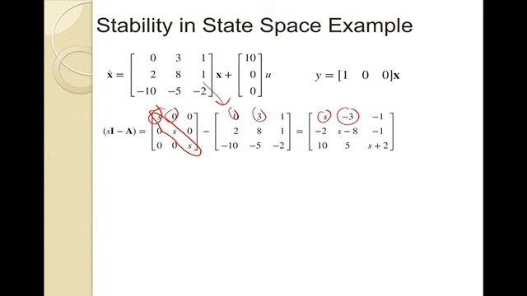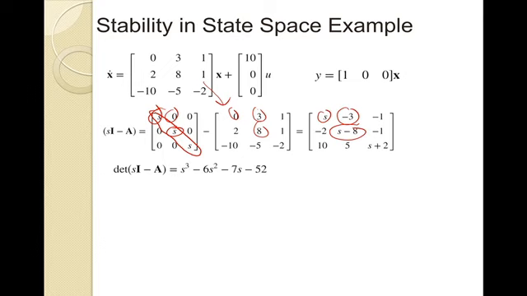Okay? Notice for the middle term here, I will have an S minus 8, so I have an S minus 8 term right there. So I can formulate that matrix on the right, which is SI minus A. And then what we want to do is take the determinant of SI minus A as shown there. Now, again, in previous modules, we showed you how to determine that determinant.